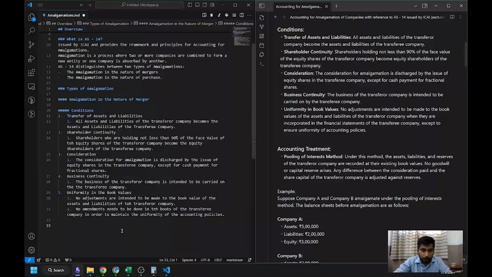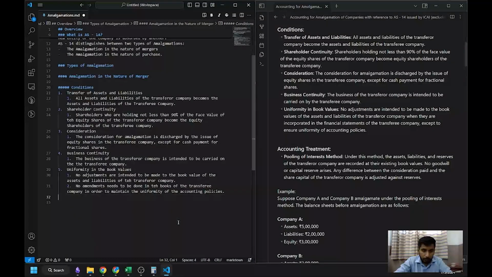Okay, let us just continue and learn about it. Let me give the heading: accounting treatment. So basically, number first is the pooling of interest method.